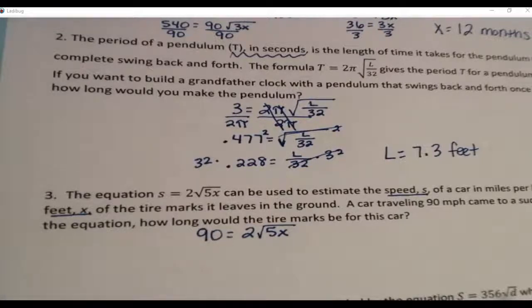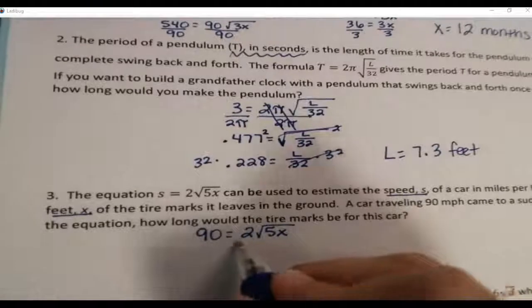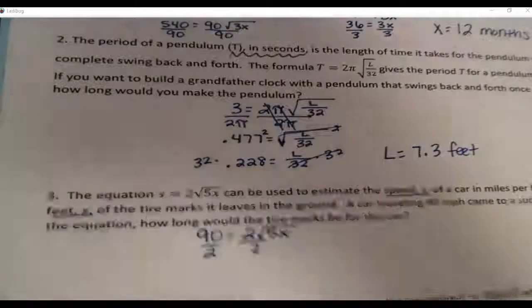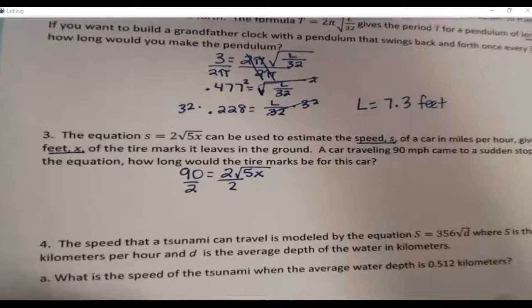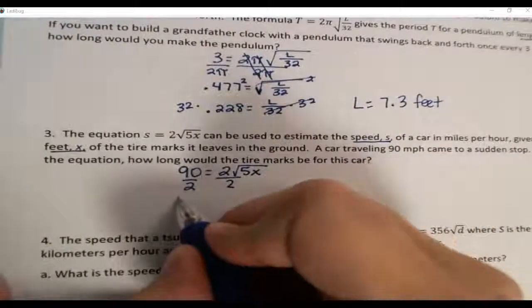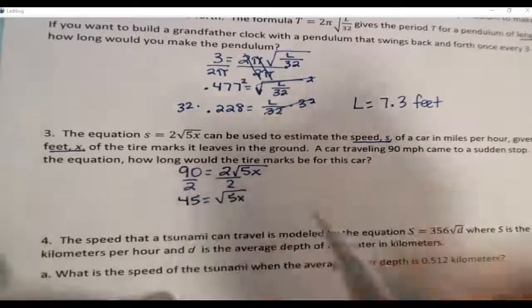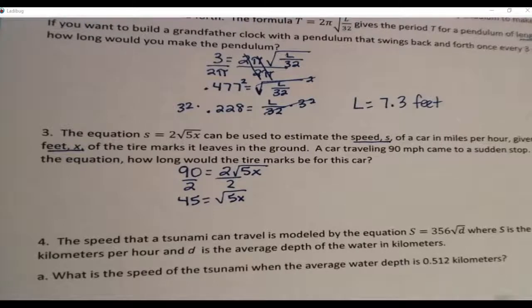So how do I solve it? Good. Divide by 2. So then 45 equals square root of 5x.